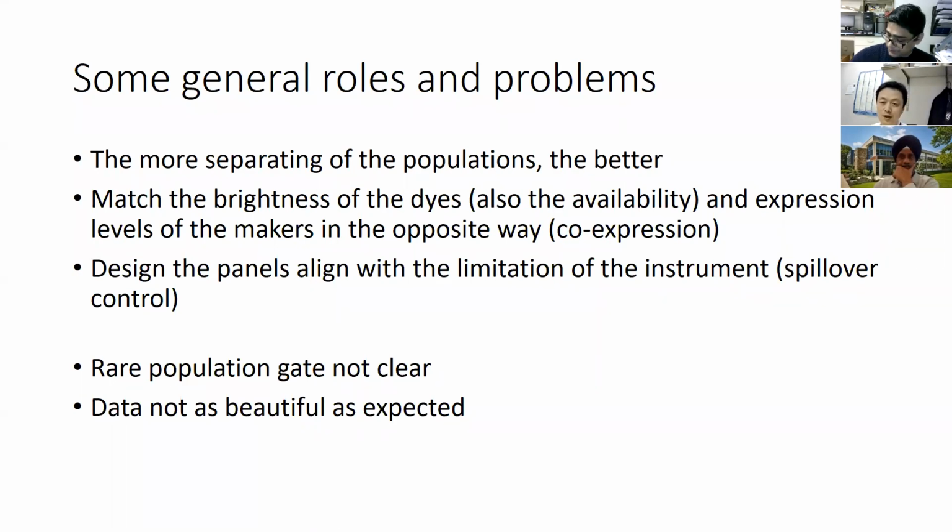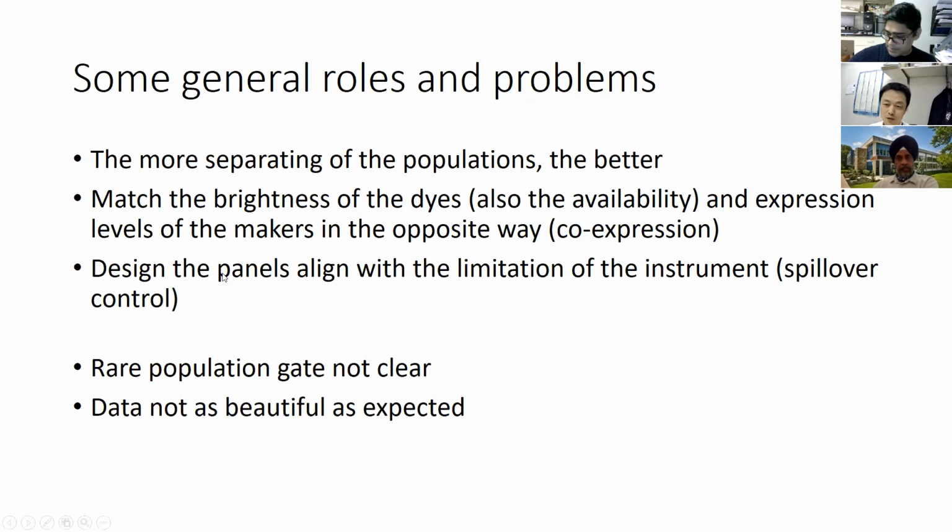When your antigen expression level is low, you want to pick a very bright color. So it works in opposite ways, but that only applies when the markers in a multicolor panel are co-expressed. If the markers are expressed in separate cells or exclusively in different conditions, you don't need to pay much attention to these rules.